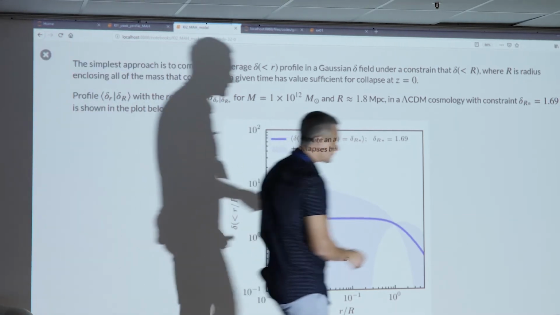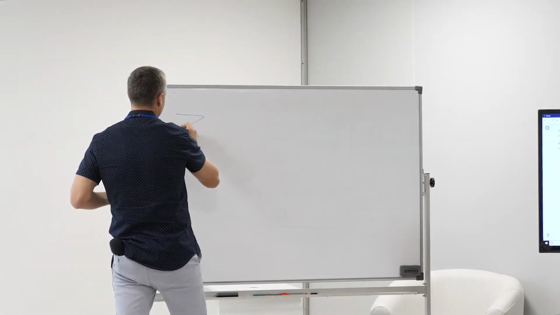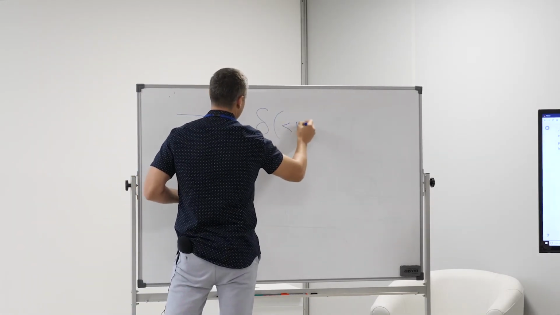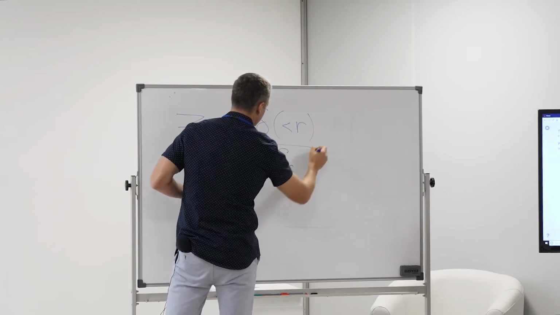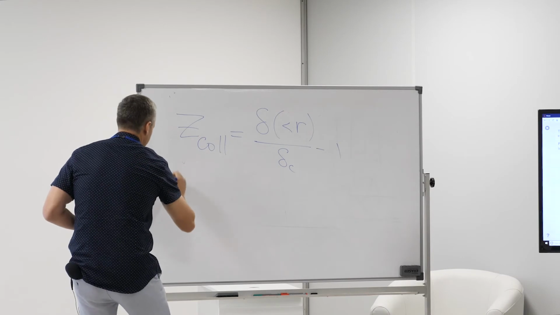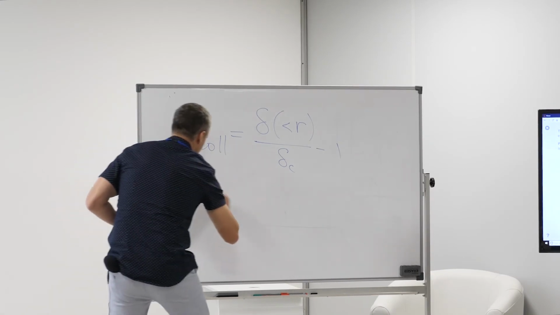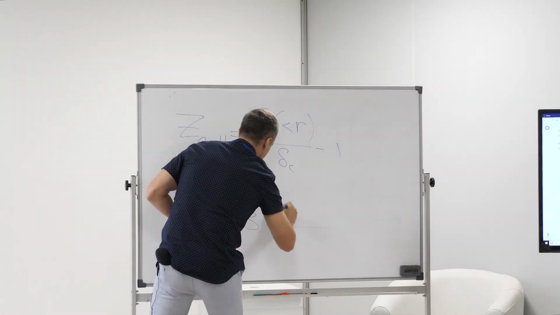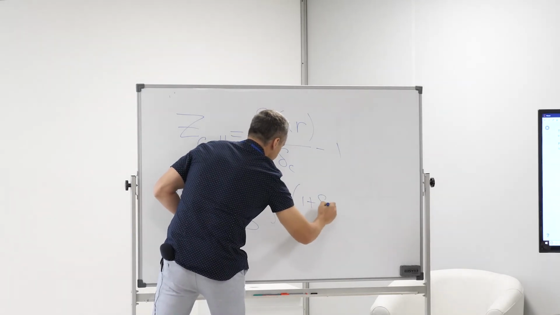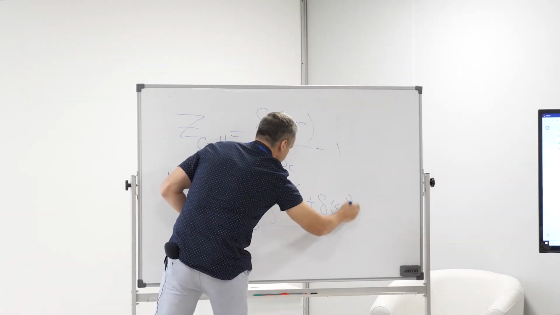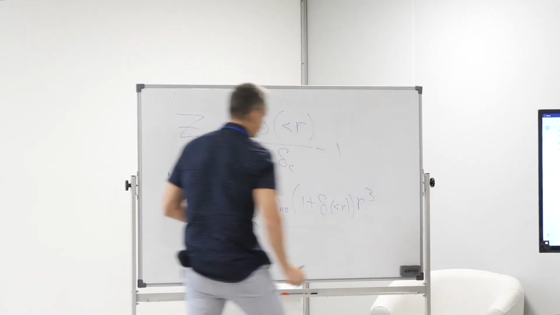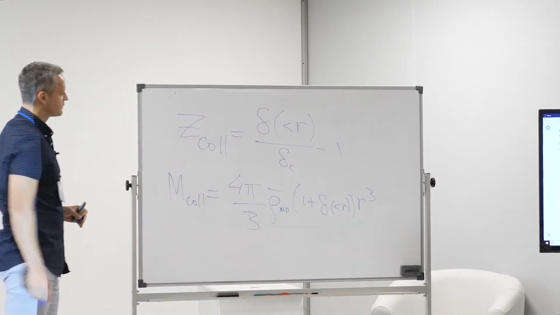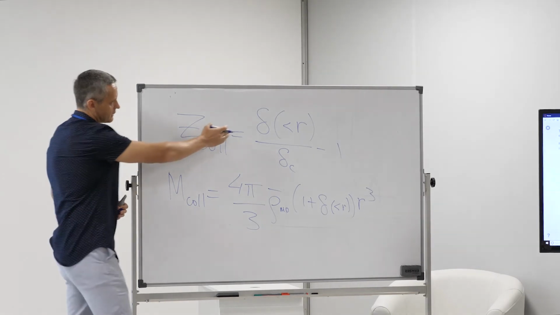Let me write down the equation again on the board. This is the mass enclosed within a given radius given its delta. This is the collapse redshift, which will have a corresponding collapse time given by delta.